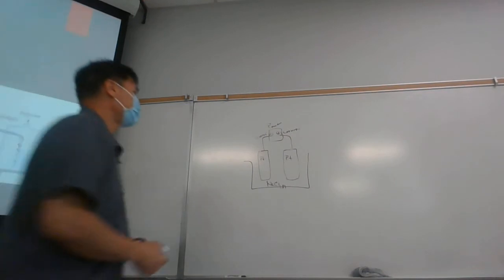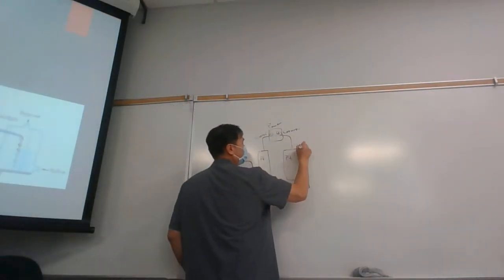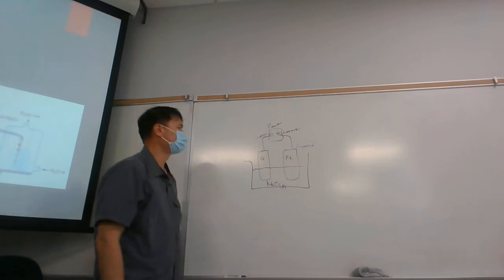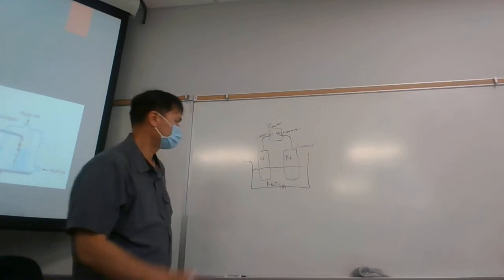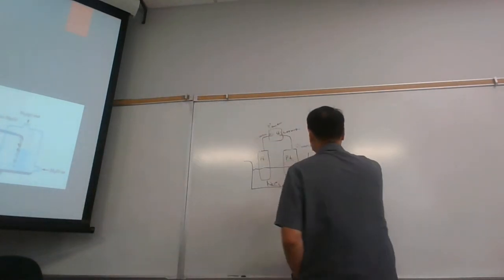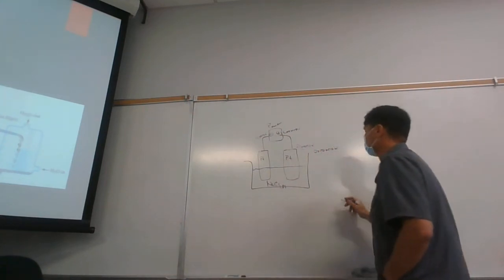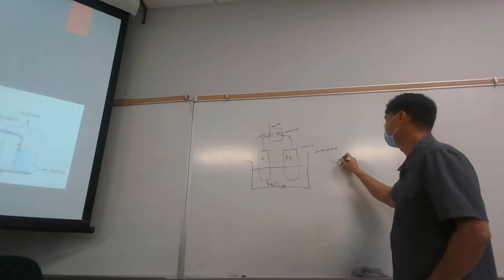For the cell itself, this would be the anode. The cell, which is going to generate electrons. And it's going to be negative here. So oxidation occurs here. So what is oxidized? Well, sodium. Is sodium oxidized?